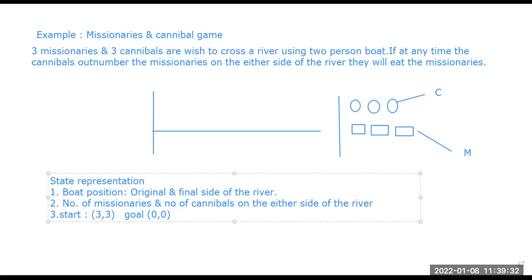So let us take the operators. Let us check the scenario. First of all, the operators. What are the operators present here? Suppose the first time, 2 missionaries cross the river.